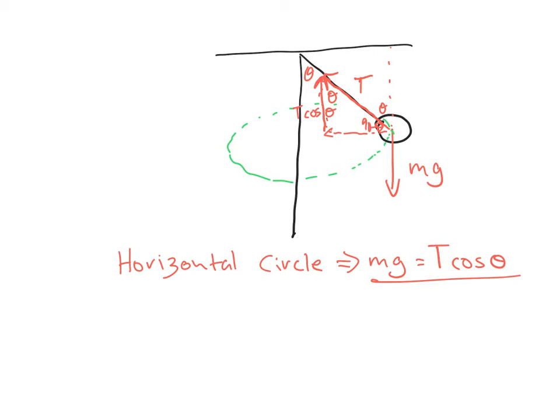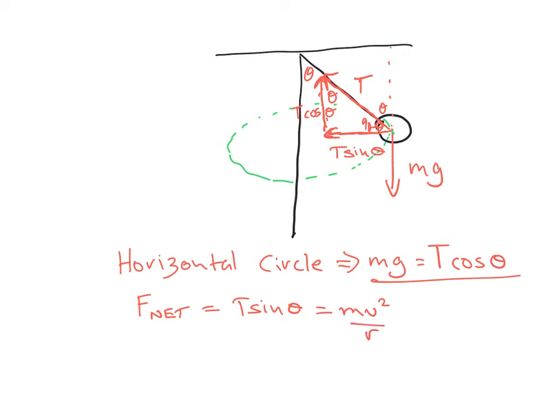Now, this here would be T sine theta, and that would be your net force, which is T sine theta, which is going to equal mv squared on r because it's moving in a circle.